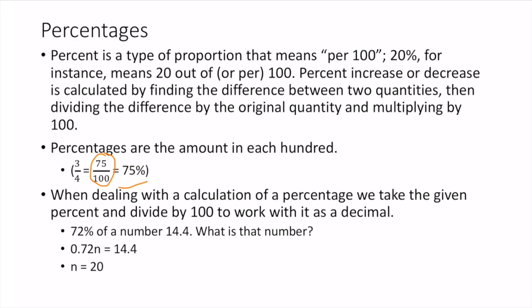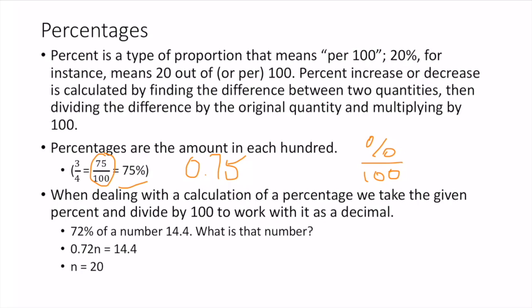Now, one thing to note about percentages is when we're dealing with them in equations, we always want to turn them into a decimal. So 75% is just equal to 0.75. We can take our percent and divide it by 100 to give us our decimal.